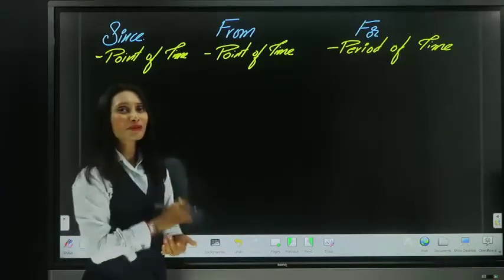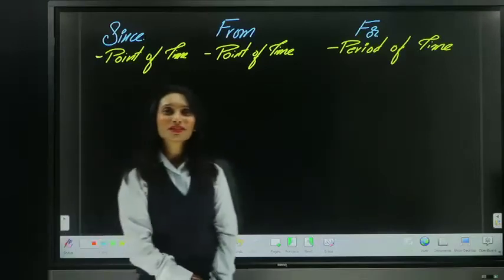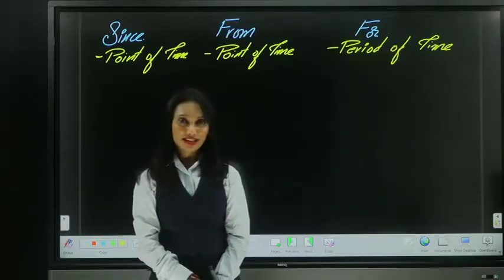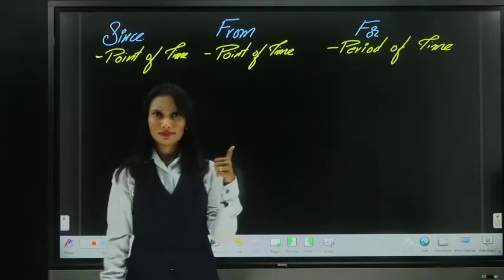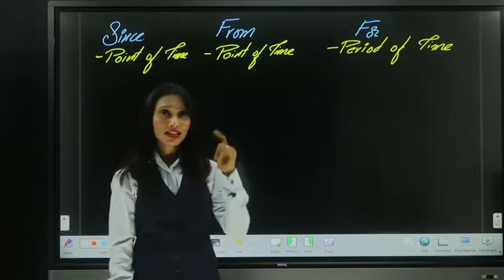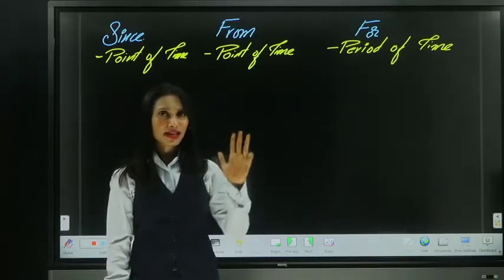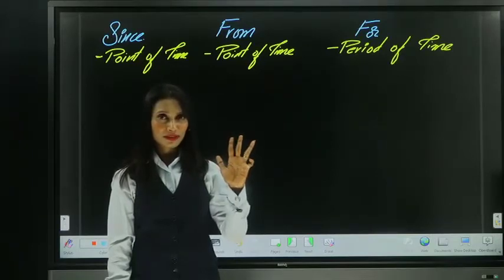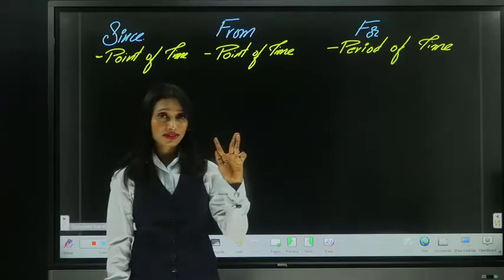If you remember tenses and the forms of tenses, I talked about the 4 forms of tenses. What are the 4 forms of tenses? Simple tense or indefinite form, continuous form, perfect form, and perfect continuous form, right? And I divided these 4 into 2 types.